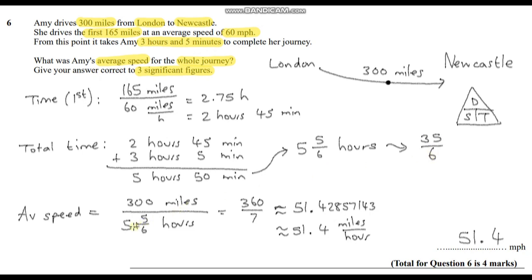So instead of writing 5 plus 5/6, just to make it a bit easier, I'm going to take that away and use this instead: 35 over 6. Just so you don't get confused with 5 plus 5/6 and 5 times 5/6. Because you need to be really careful about what you type into your calculator. So putting it like this is probably a bit easier to do.